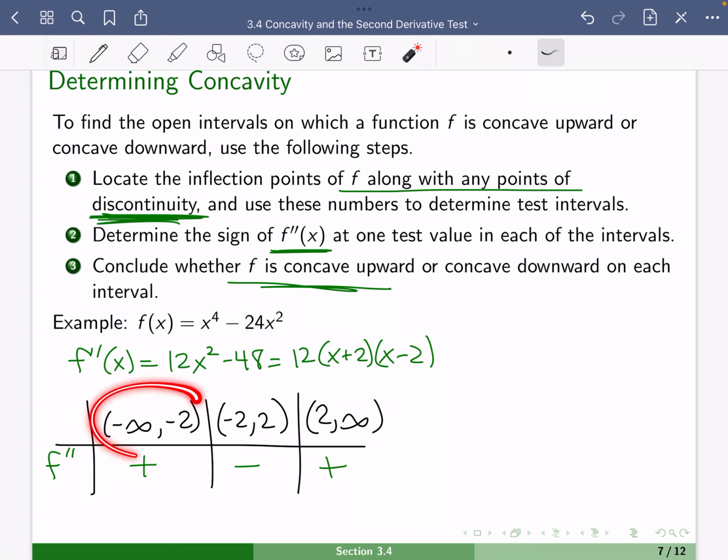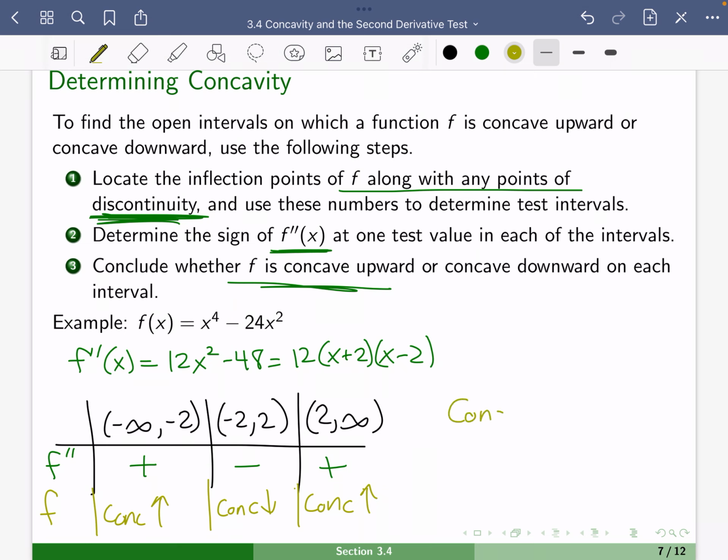We determined that by plugging in a test value between negative infinity and negative 2. Because it's positive, that tells us f is concave up. Here, it's concave down in the next area, and then concave up.